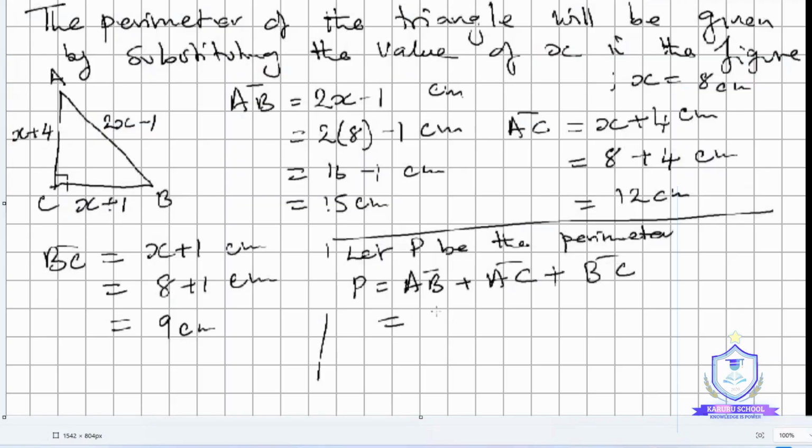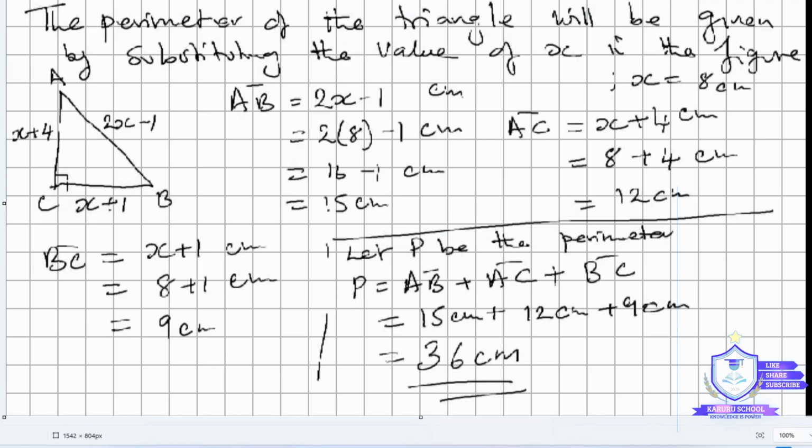This one is the same as 15 centimeters plus 12 centimeters plus 9 centimeters. This one is equal to 15 plus 12 is 27 plus 9 gives us 36 centimeters.